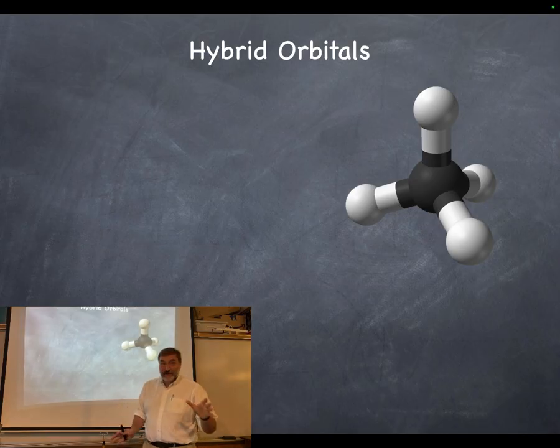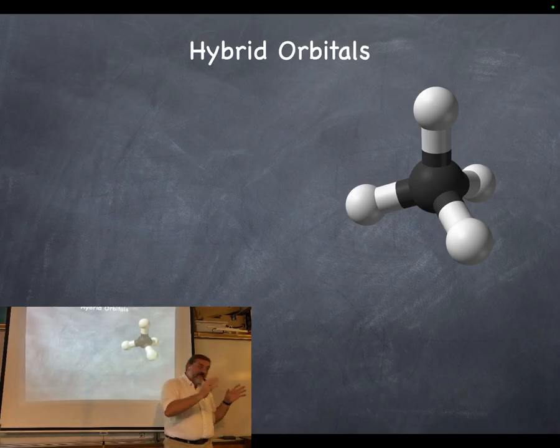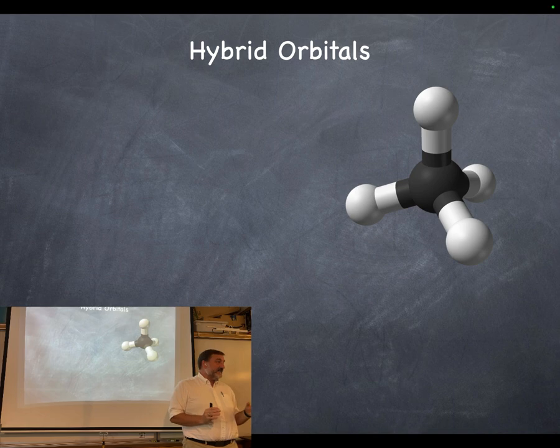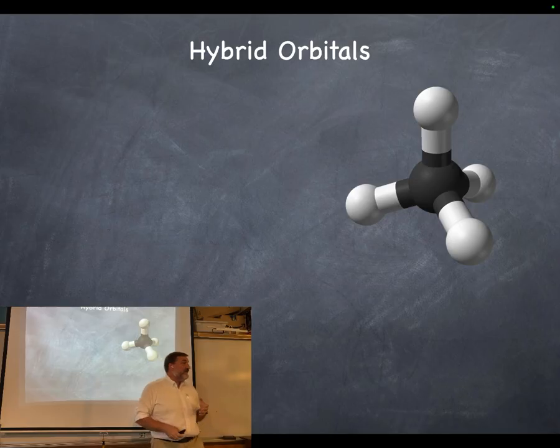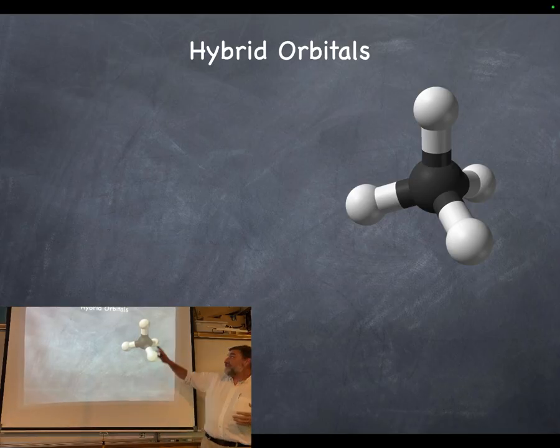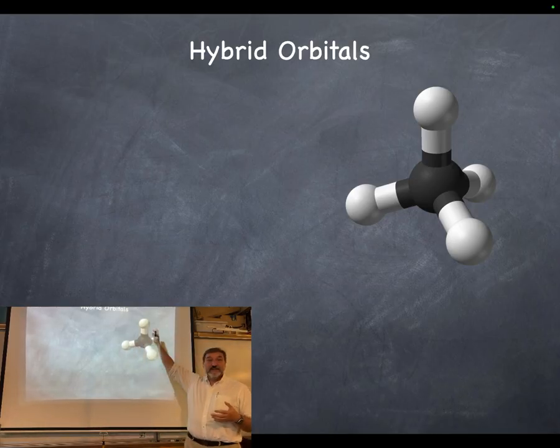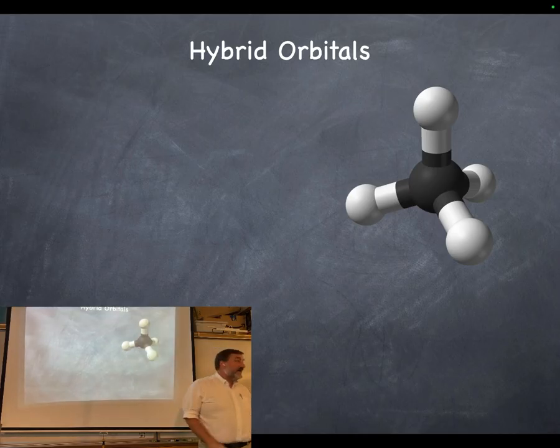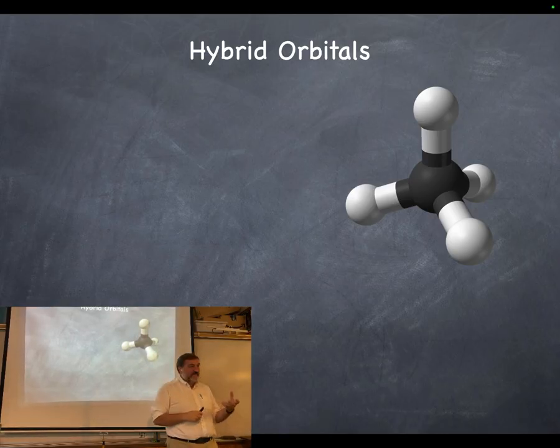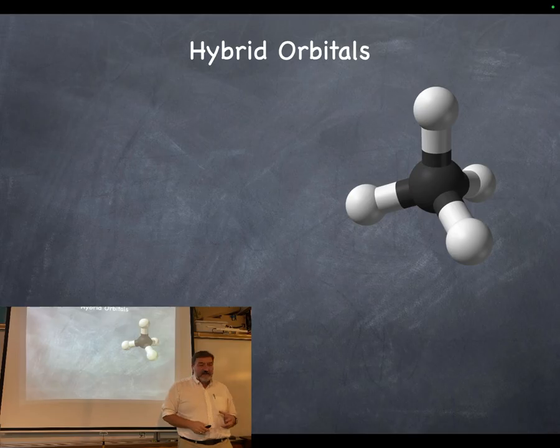I want to point out that this is not necessarily a great way to think about these things. It works, you get roughly the right pictures, but a more modern take would be to think about this as a single unit and do the wave function for the whole thing, what we would call molecular orbital theory. Then we'd be solving the wave function directly instead of taking the results of the wave function and doing some funky thinking about it.